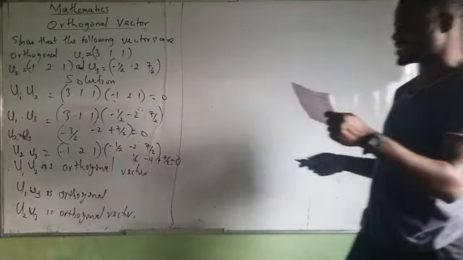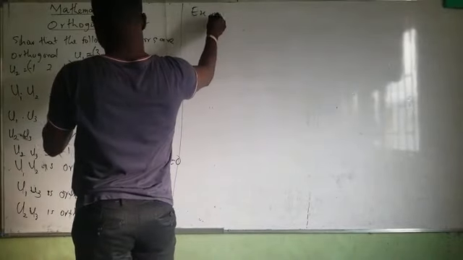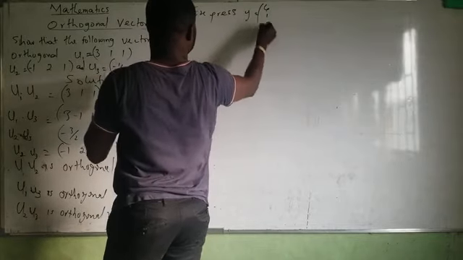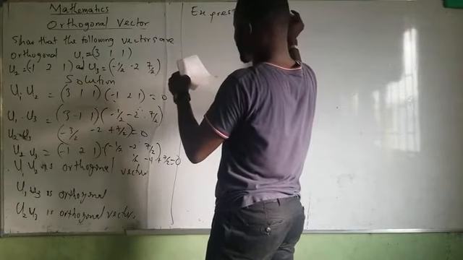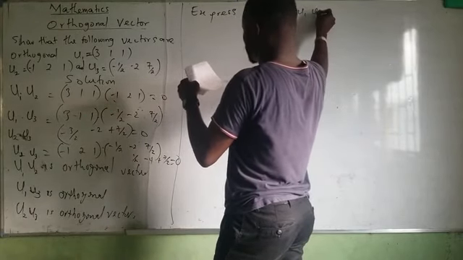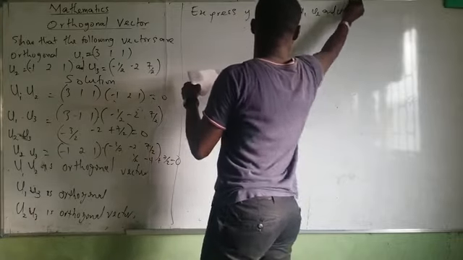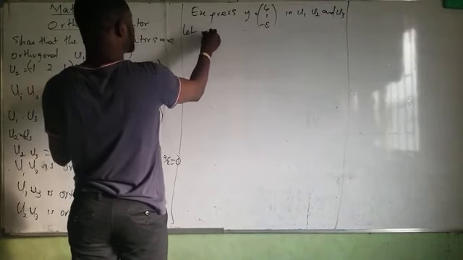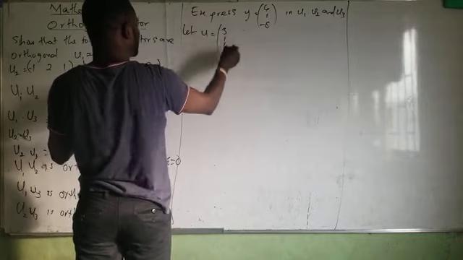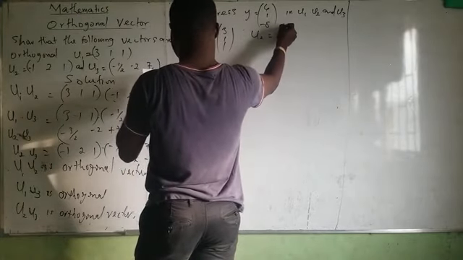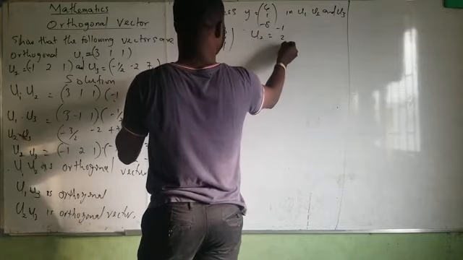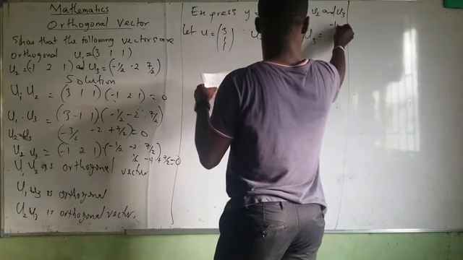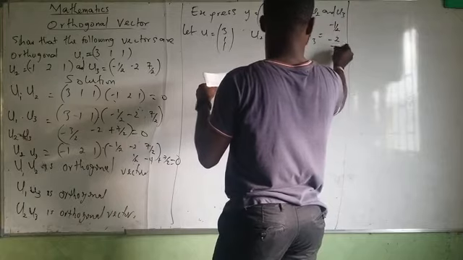Look at this, these are problems that express y equals (6, 1, -8) in u1, u2, and u3, where u1 equals (3, 1, 1), u2 equals (-1, 2, 1), and u3 equals (-1/2, -2, 7/2).